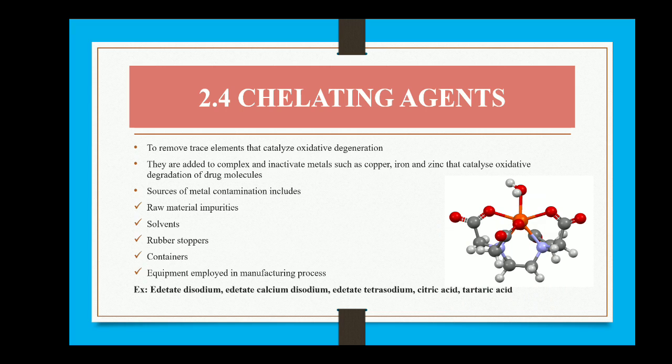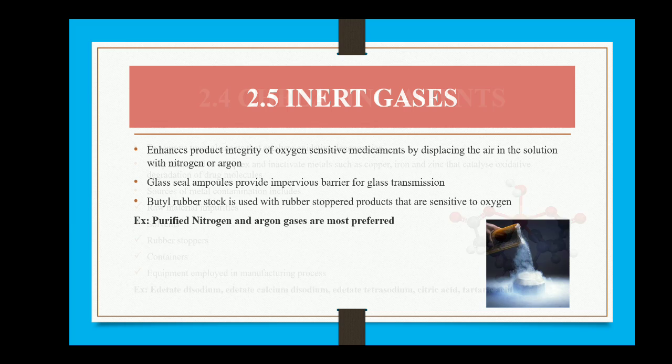There are different sources of metal contamination, which include raw material impurities, solvents, rubber stoppers, containers, and equipment employed in the manufacturing process. Some examples include edetate disodium, edetate calcium disodium, edetate tetrasodium, citric acid and tartaric acid.